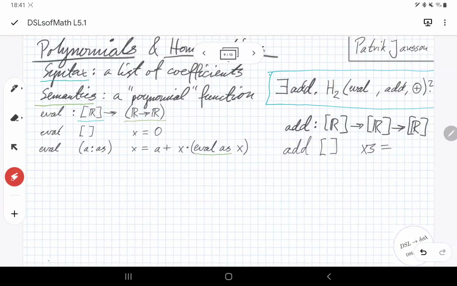So on the other side of eval, we will get a 0, the 0 in the function type. So this means that we will have to return something here which will evaluate to the same thing as this. Well, we have something that will definitely evaluate to the same thing, and that's the same list. So basically, if one of the lists of coefficients ends, then we continue with the other list.